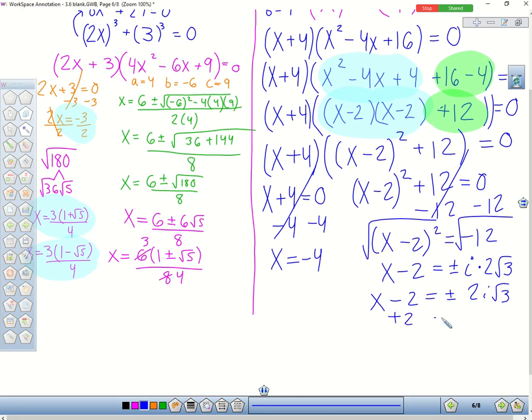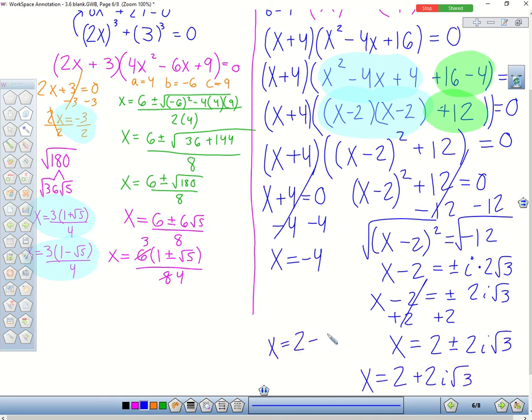I add 2 to both sides, and this becomes x equals 2 plus or minus 2i radical 3, which means that I have two solutions. I have x equals 2 plus 2i radical 3, and then I have x equals 2 minus 2i radical 3.